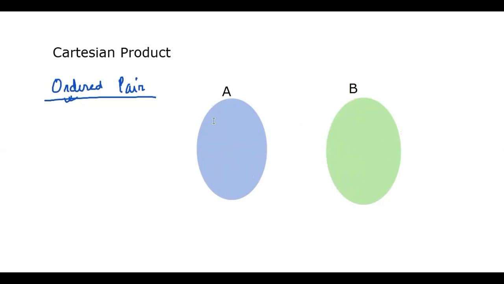Then I want to write some names in A. Say Ram, Sham, and someone called Hari. Why I am writing these, we will come to know afterwards. And in B, these are the items they like.